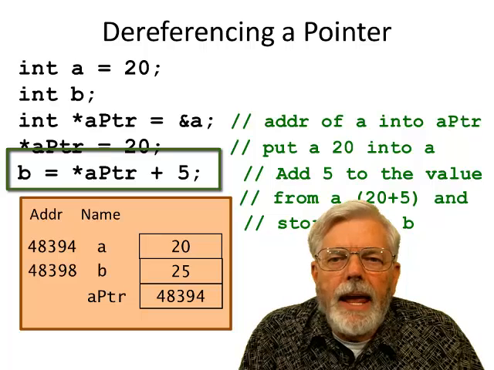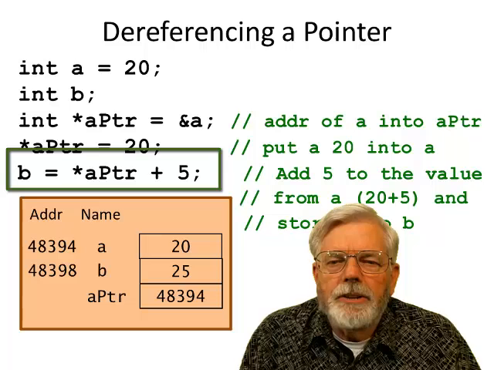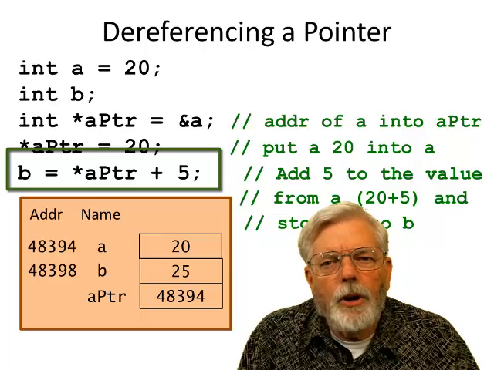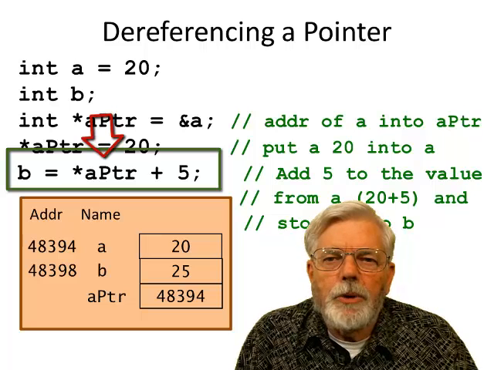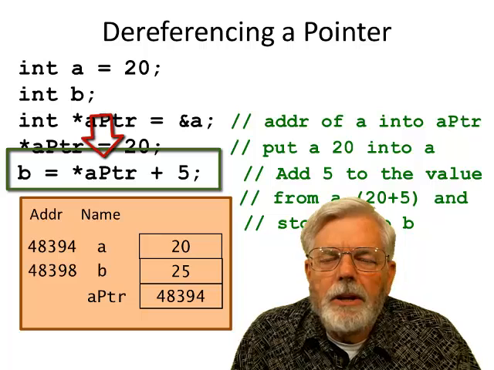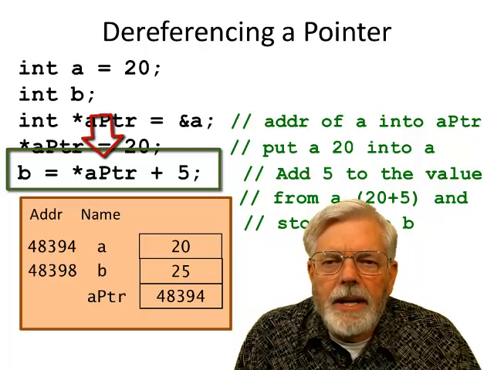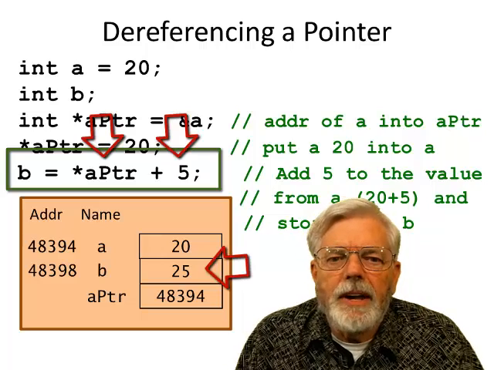I can also add A plus 5 equals 25 and store it into B. Instead of saying A directly, I'm going to go through the pointer and say star A PTR, which contains the address of A. So star A PTR goes and looks up A, which is a 20, and then adds 5 and stores it into B. So now B is a 25.